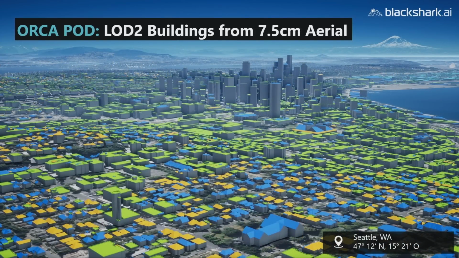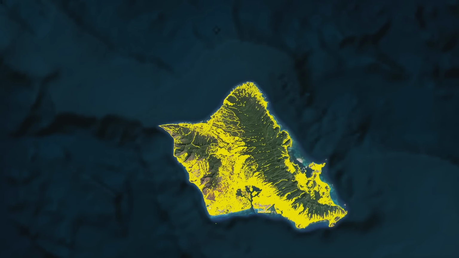We have other models based on 7.5 centimeter aerial imagery as well, which of course provides a much better accuracy and resolution from the output side as well. We have a pre-trained road network model.